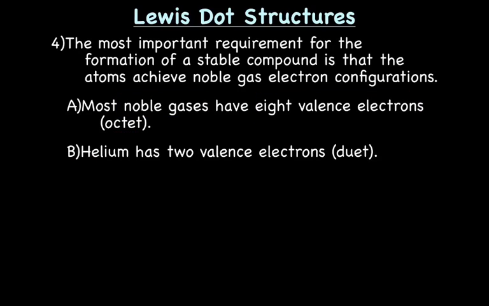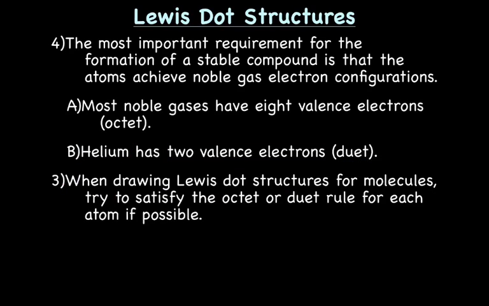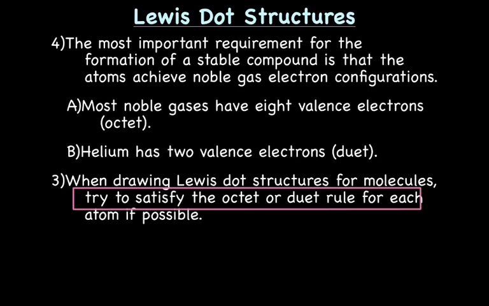However, helium is the only noble gas that has 2 valence electrons, known as a duet. So when you're drawing Lewis dot structures for molecules, you want to try to satisfy the octet or duet rule for each atom if possible.